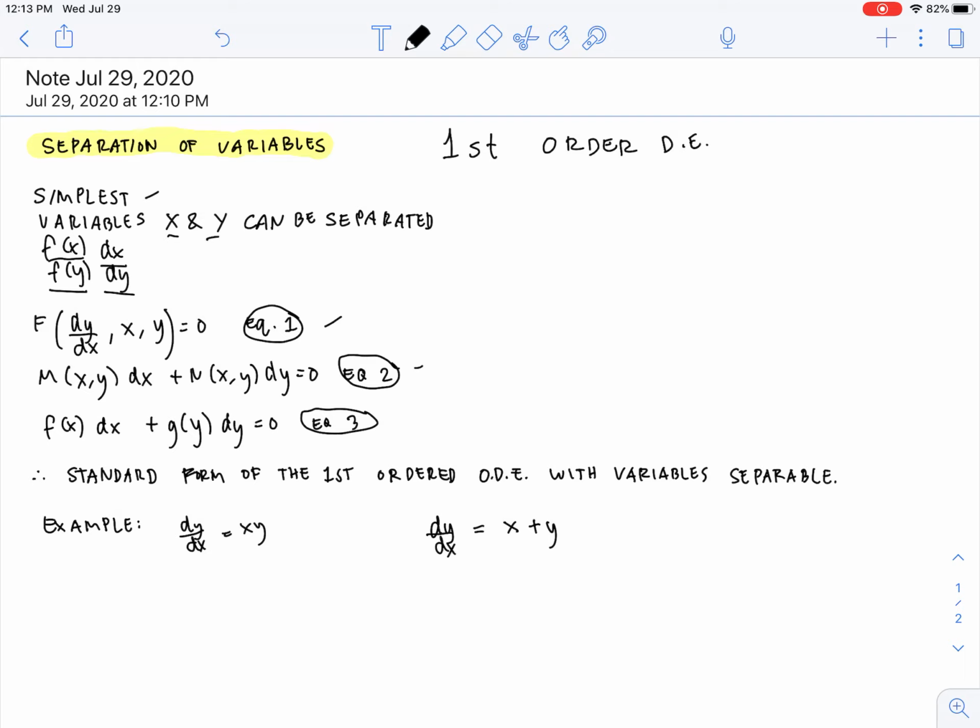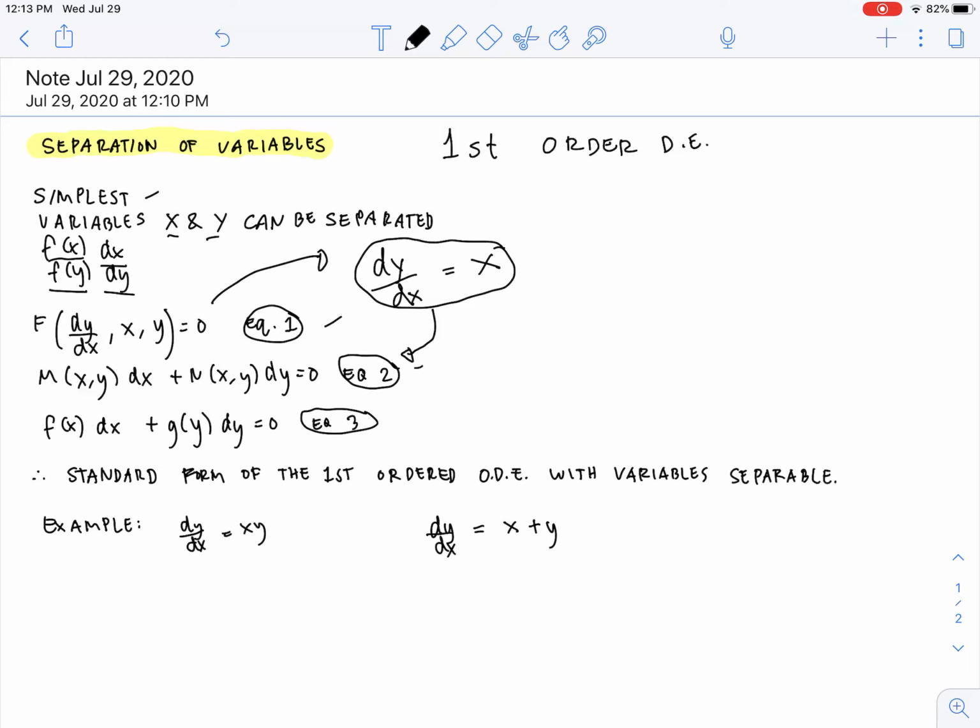Then equation 2, so for example we have dy over dx is equals to x. From this form, we will make it into the form of equation number 2.